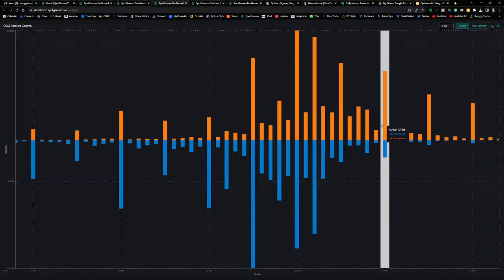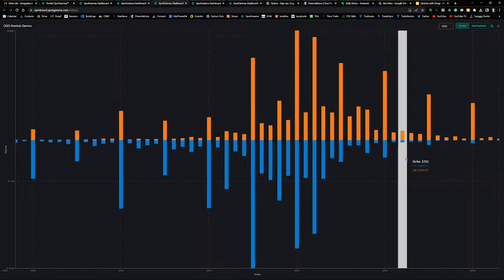I checked and I thought SpotGamma had resolved that issue, but for index products, I'll show you the numbers I'm looking at in just a minute. I'm using the numbers shown in the AM Founders Note, and also on the home page of the dashboard.